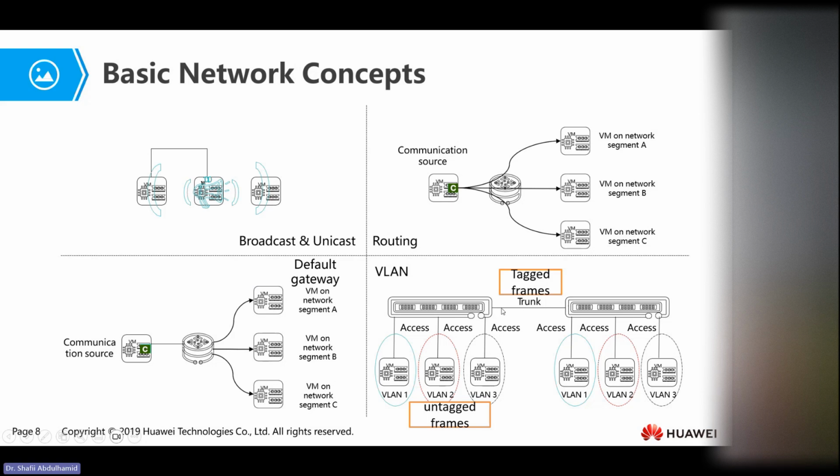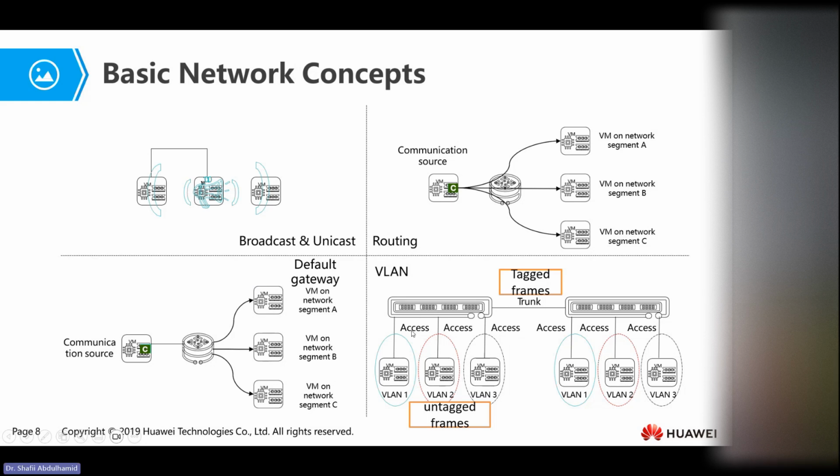This link between two physical switches is called a trunk link, basically. And trunk links receive and pass what we call tag frames. Tag frames basically move within trunks. Untag frames cannot pass through trunks, so if it's an untag frame, it simply will not be accepted.